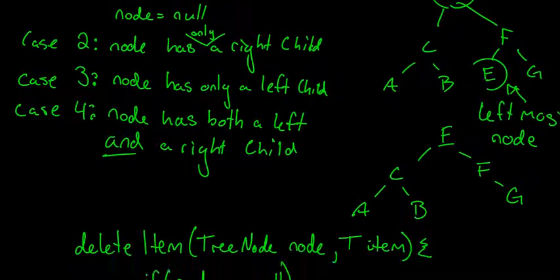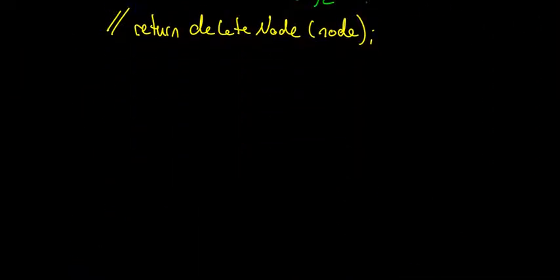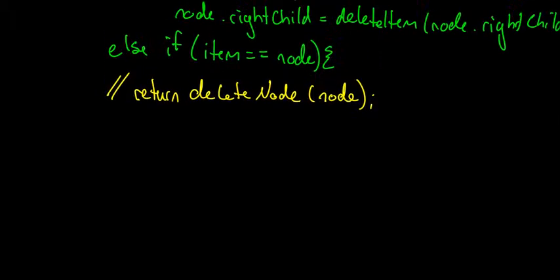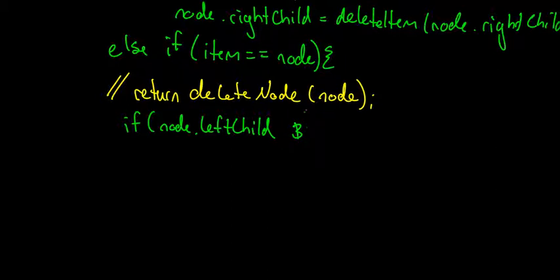Case 1, the node has no children. Okay, well, if node dot left child, oh, I'm sorry, is null, and node right child is null.